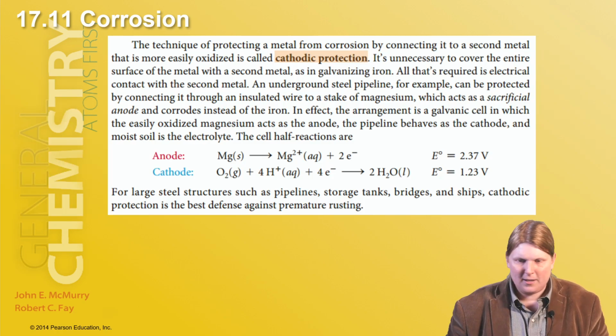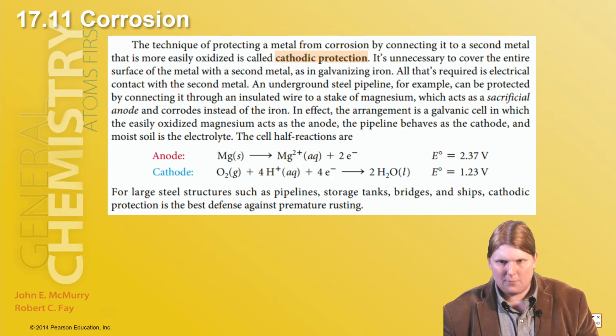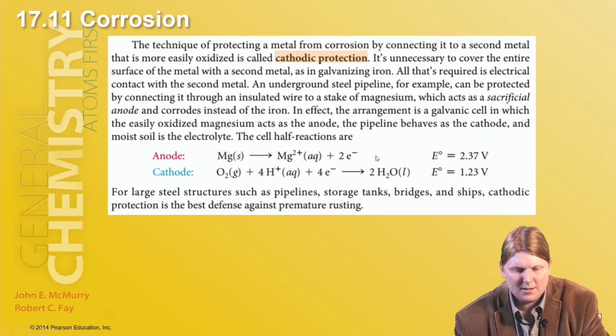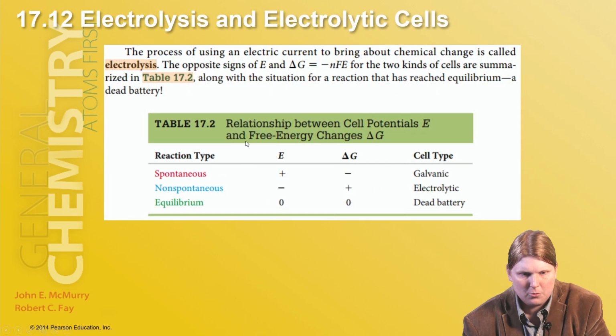Then they just replace that every so often, and it helps extend the lifetime of iron-based construction like pipelines and storage bridges. Cathodic protection allows you to easily replace the magnesium when it runs short, and it can keep supplying electrons back to the iron. It'll be the sacrificial one to keep up the structural integrity for as long as possible.